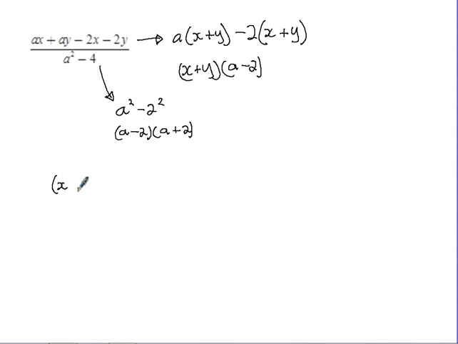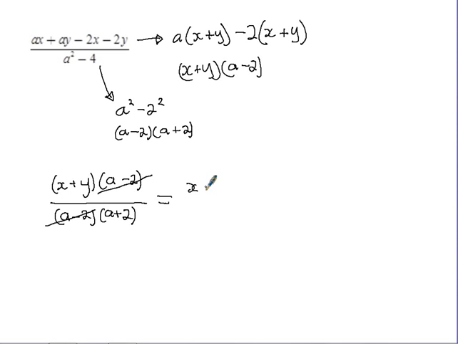We have x plus y times a minus 2 in the numerator, and in the denominator we have a minus 2 times the other factor, a plus 2. Clearly a minus 2 will cancel a minus 2, and we are left with x plus y all over a plus 2.